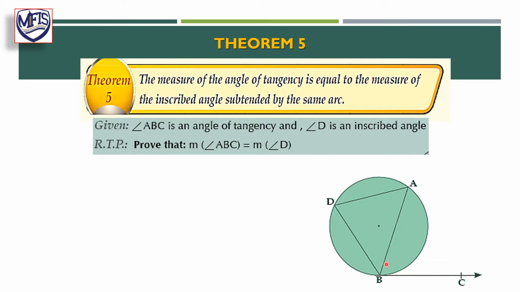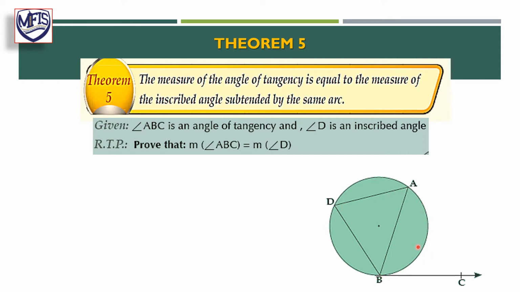Now, the measure of angle ABC equals measure angle D. That means the measure of an angle of tangency equals the measure of an inscribed angle subtended by the same arc AB.